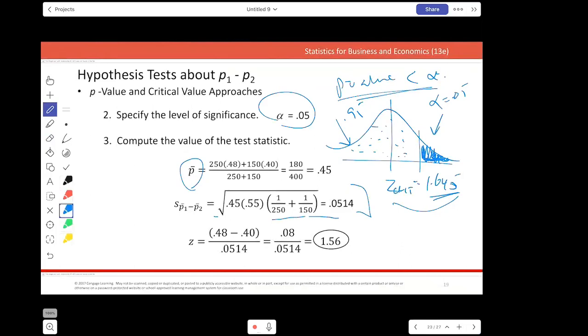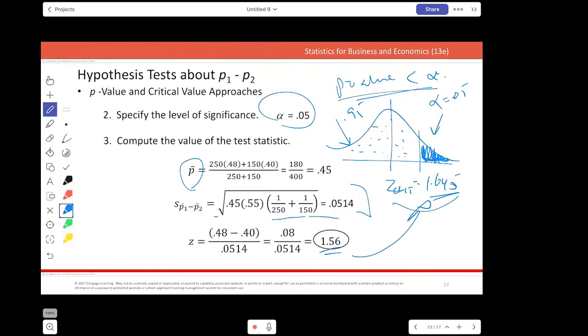Now if we compute the Z value, which is the difference between the sample proportions divided by the standard error, we'll get 1.56. Remember, this question has to do with the households, not the one I just did about women and Pinterest, just the households. So 1.56 is smaller than 1.645, so we will not reject the null hypothesis.